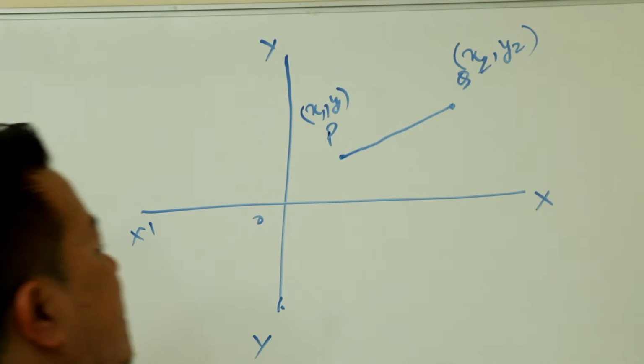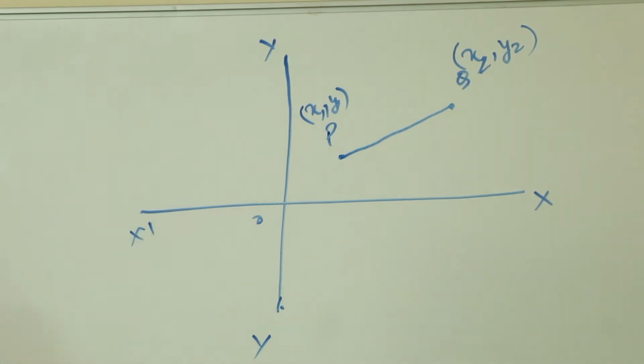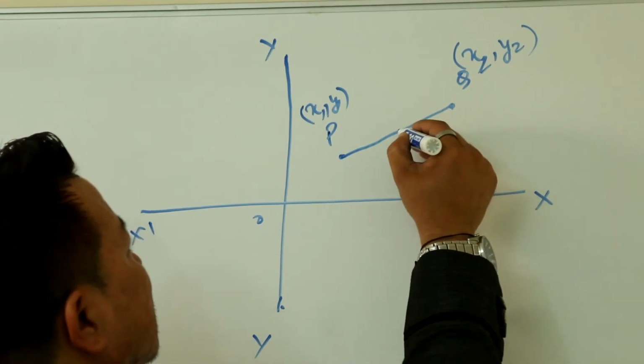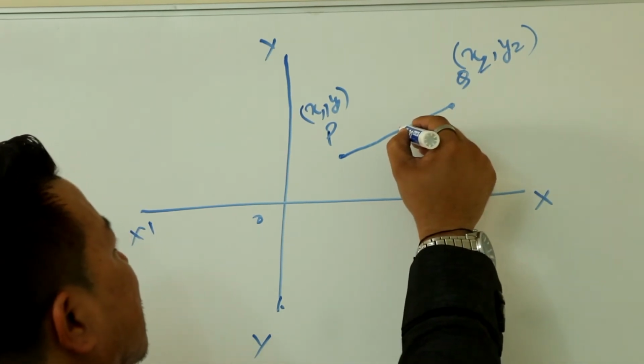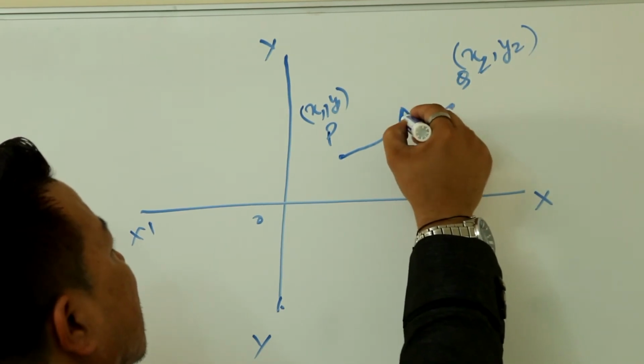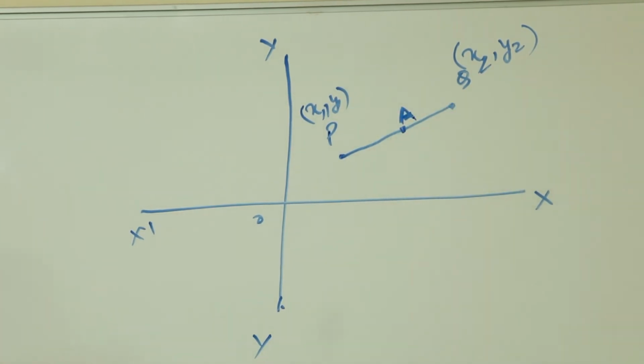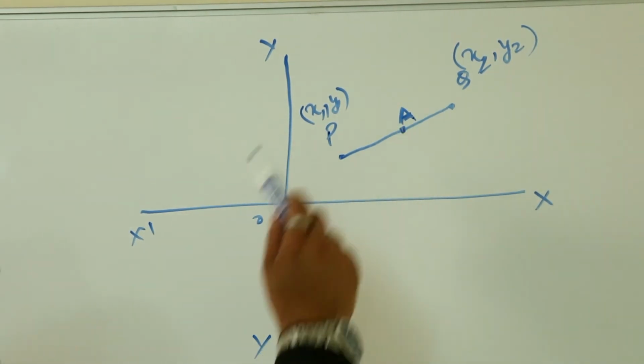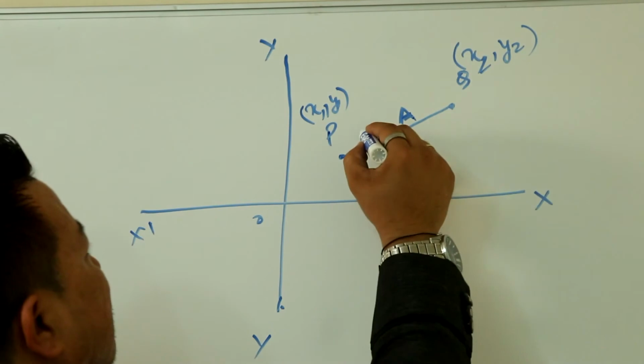Now let's suppose this line PQ is divided by a point A. Suppose this line segment PQ is divided by point A in the ratio m is to n.